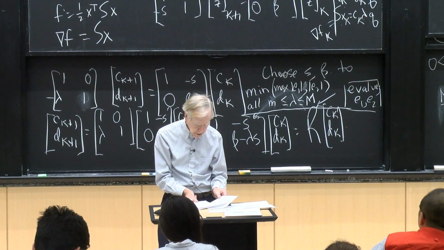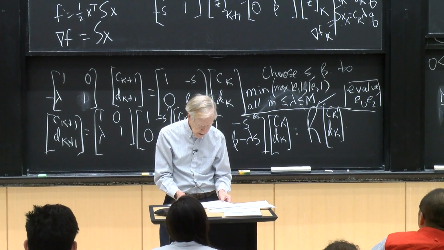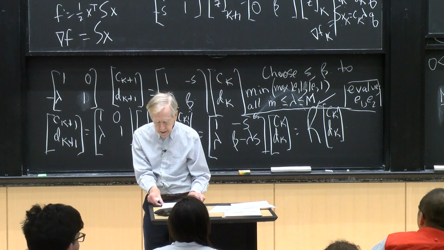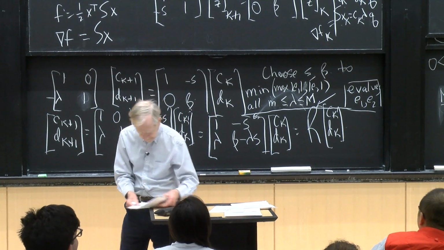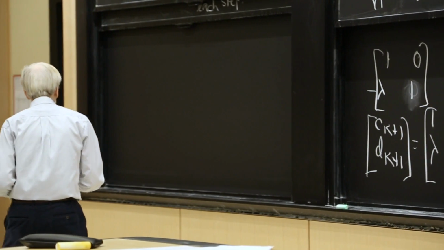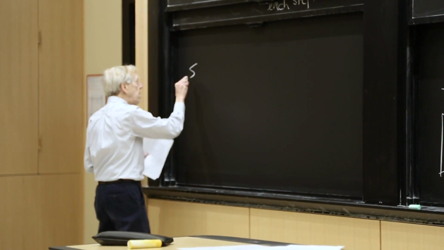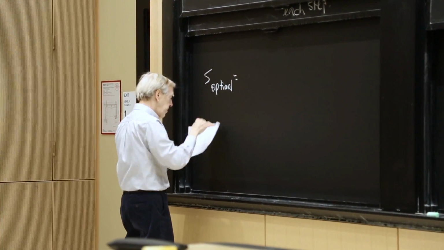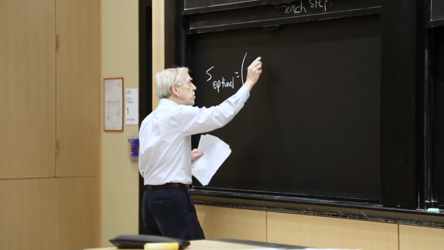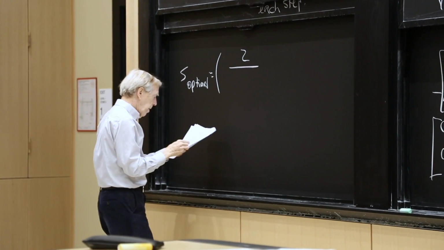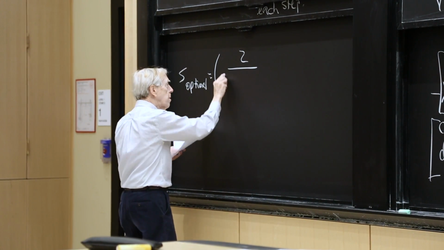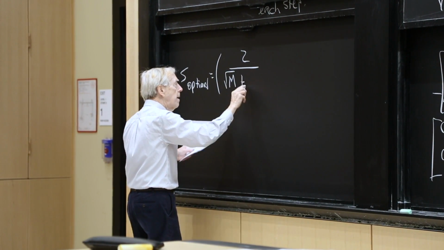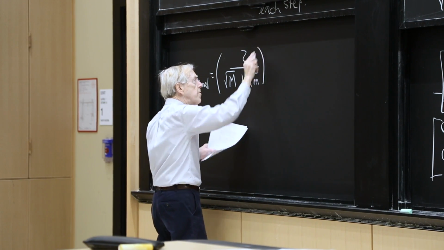Okay, let's see it. The best s, the s optimal, has the formula 2 over the square root of lambda max, that's the square root of M, plus the square root of little m, squared.